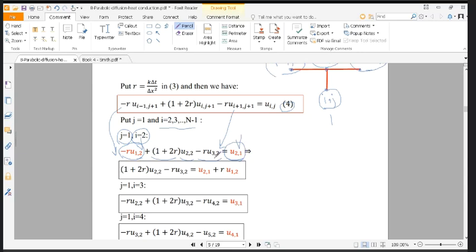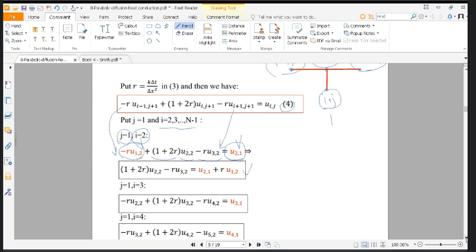We put the unknown terms on the left side and move the known values to the right side, and we have 1 plus 2r u22 minus r u3 and 2 equal u2 and 1 plus r u1 and 2.